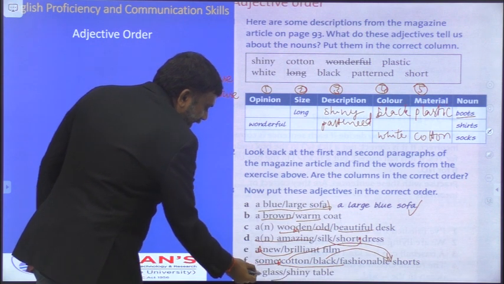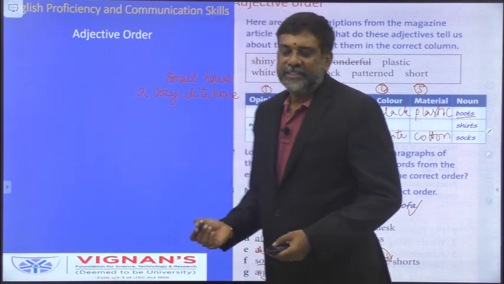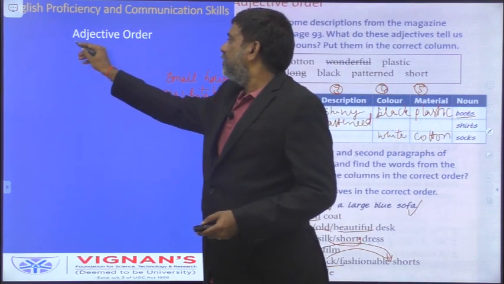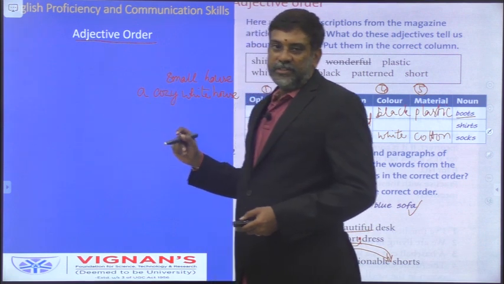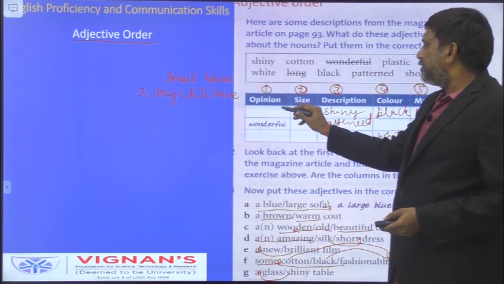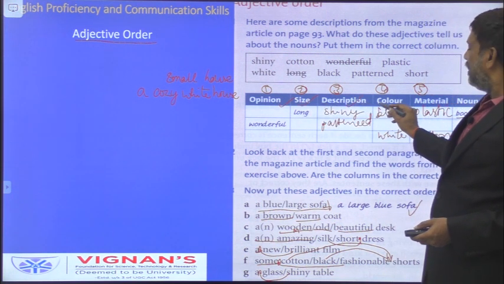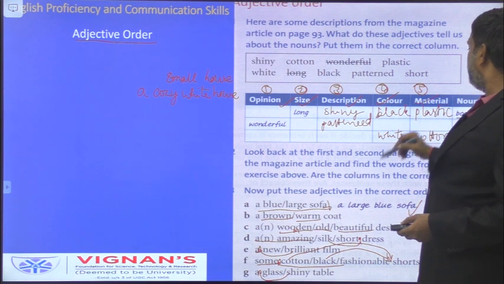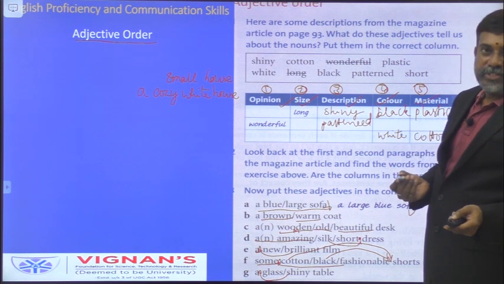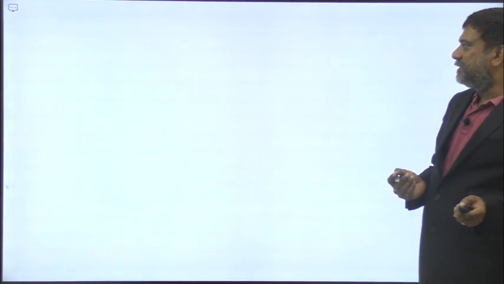A shiny glass table. So here guys, the important thing is that we need to know in which order the adjectives are used. What is the way? First one is opinion, next one is size, next one is description, after that color, material plus noun. So this is about the cluster of adjectives or the order of adjectives.